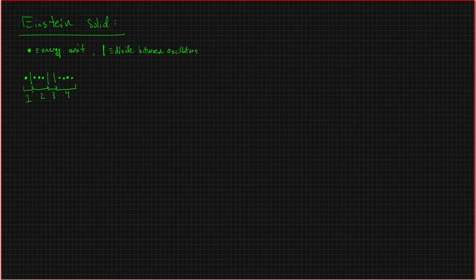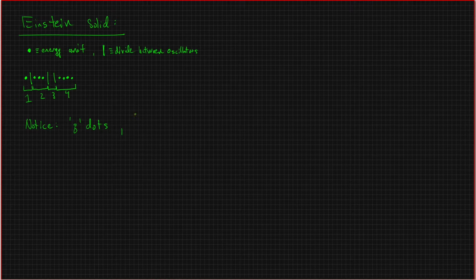So another way to say this is that every possible arrangement of these dots and bars corresponds to a valid microstate, right? So notice there are Q dots here. We'll just call Q whatever the number is of dots that we put in.